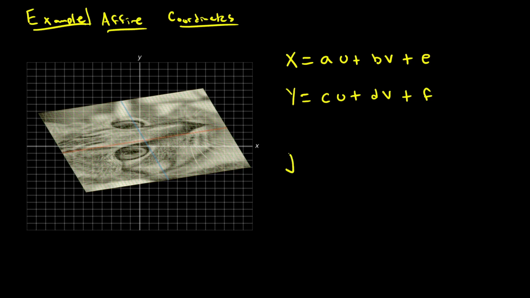The matrix J, which is just going to be a, b, c, d. So in this case, the Jacobian matrix is actually constant, and this gives you a number of nice properties, and allows you to do relatively straightforward calculations when you're dealing with it.